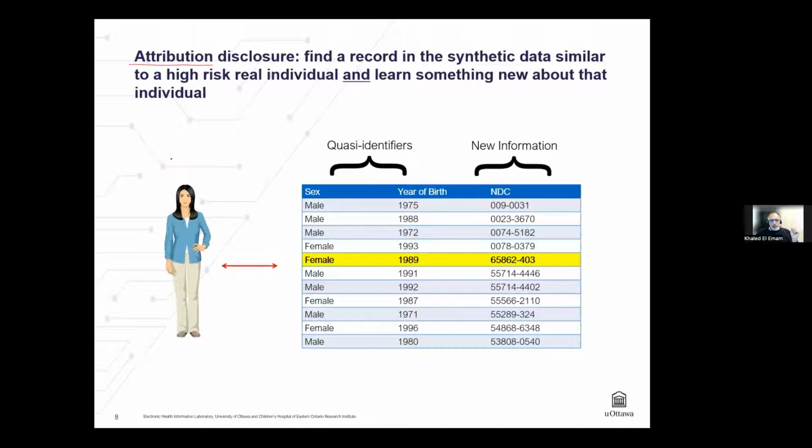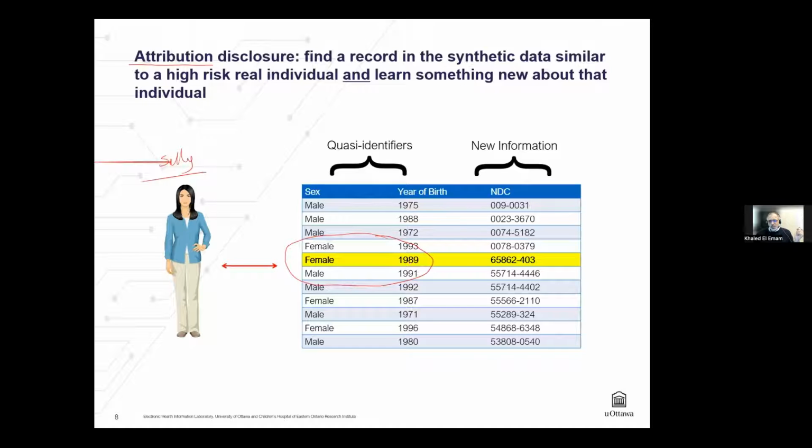So imagine here we have a person in the real world. Let's call her Sally. Sally is a female who was born in 1989. So here we have a match with the synthetic data. This is not really Sally's record, because it's a synthetic record, but it's a record that matches Sally's information on the quasi-identifiers.